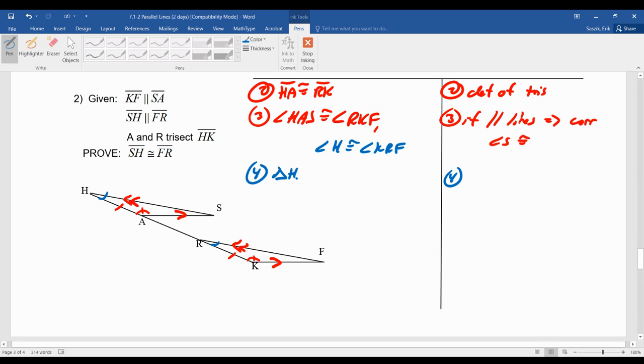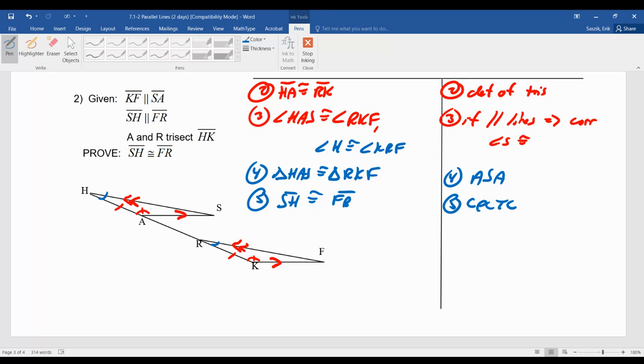But now we have triangles HAS and RKF, and that's by ASA. And then we can finish up with SH being congruent to FR, CPCTC.